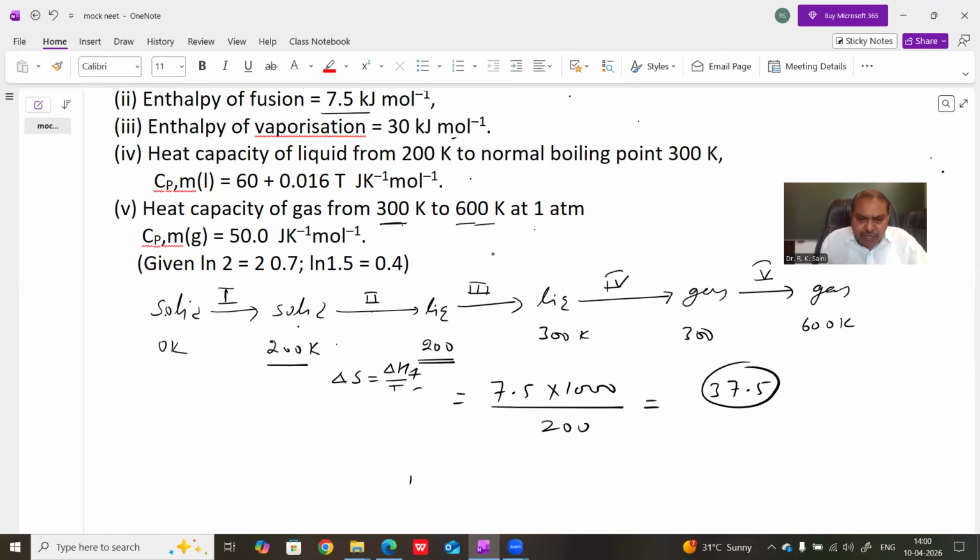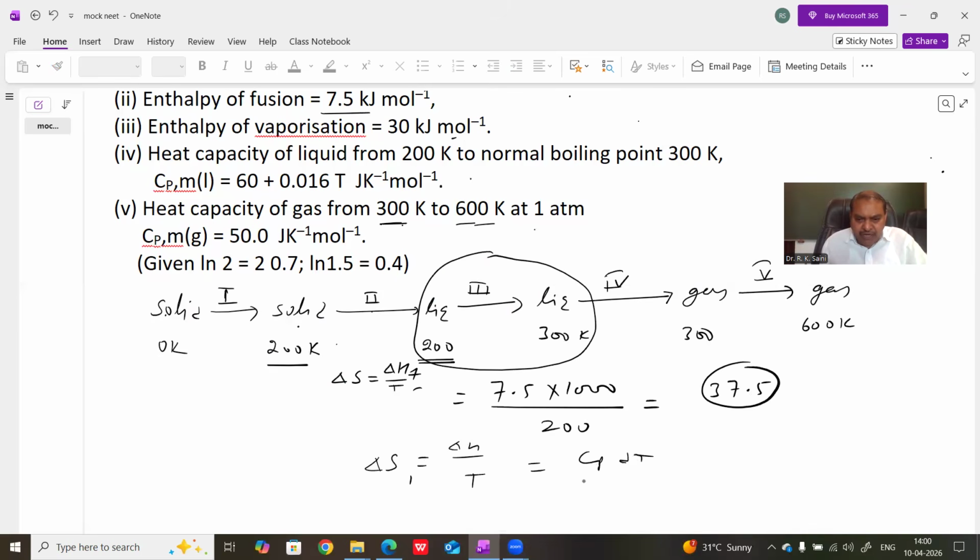Step third is also heating of the substance, and hence delta S equals delta H upon T, or the integral of Cp dT upon T, with temperature from 200 to 300.